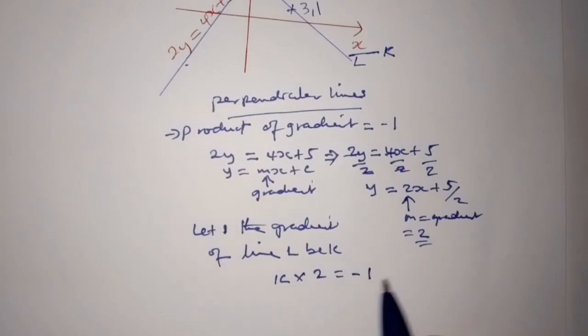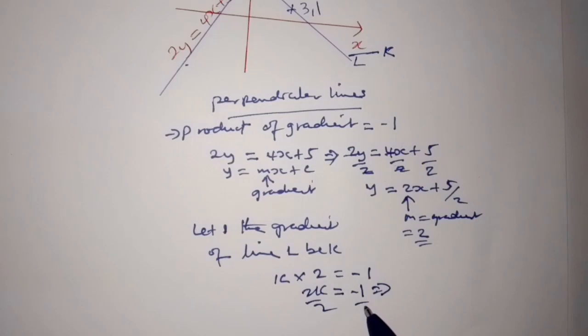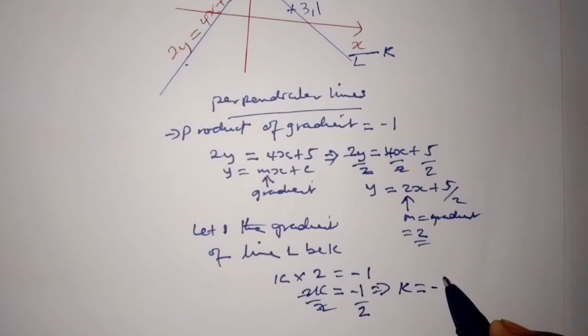So now 2k = -1. We can divide by 2 here, we can divide by 2. k is equal to -1/2.